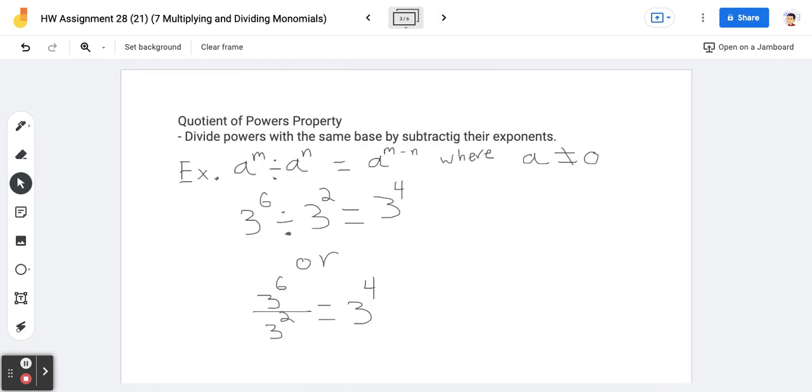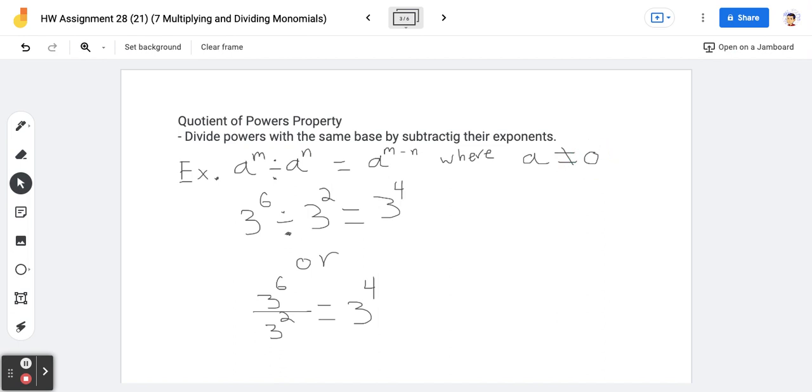Quotient of powers property: we divide powers with the same base by subtracting their exponents. For example, a to the power of m divided by a to the power of n is a to the power of m minus n. And in this case, a is not 0.